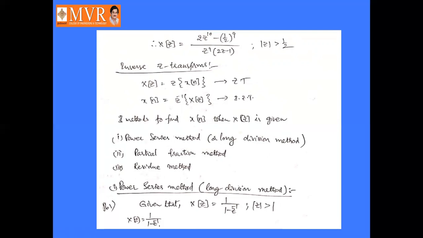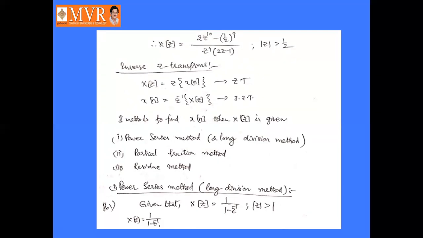Right, so now we have three methods to find x of n. The inverse Z transform methods are: first, the power series method, also called the long division method; next, the partial fraction method; and third, the residue method.